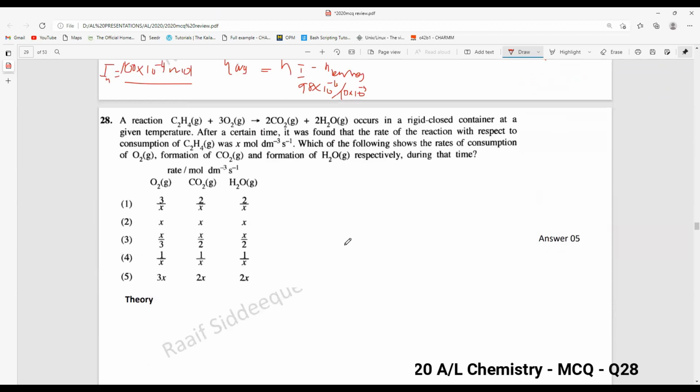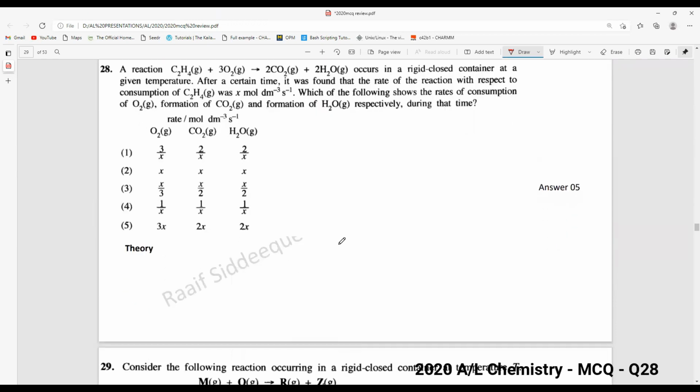Right, so moving on, question number 28. A reaction C2H4 plus 3O2 gives 2CO2 and 2H2O, in the 2:2 ratio. It occurs in a rigid, closed container at a given temperature.